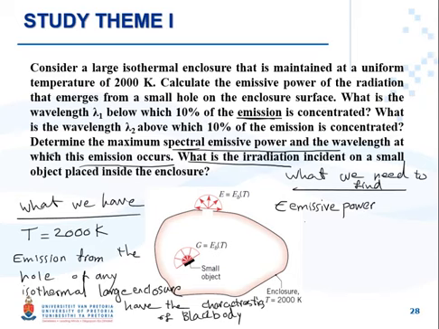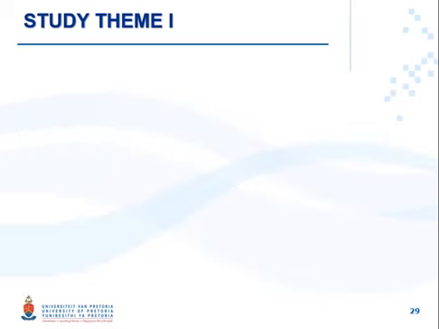Okay, so it's saying emissive power, emissive for top and below 10%. What is EB lambda T, lambda max, and irradiation? So we need to calculate all of them. So let's start. First, emissive power.